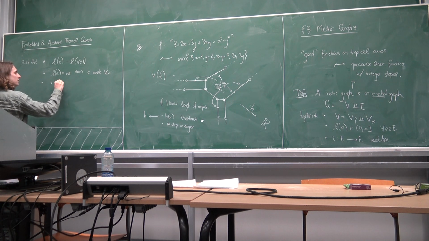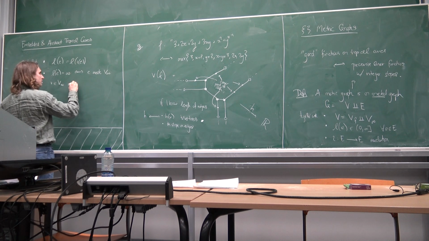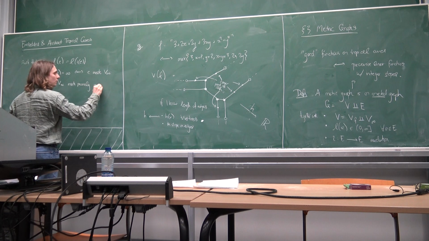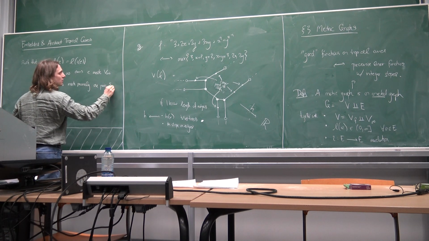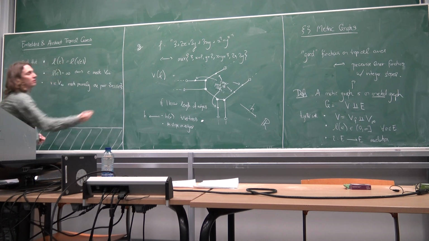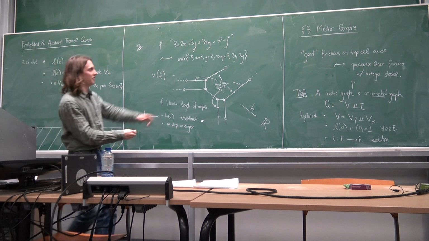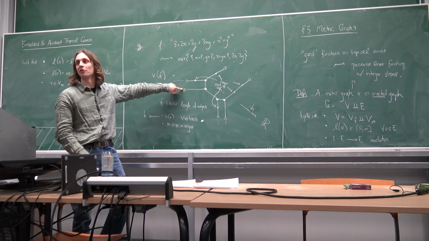And thirdly, any infinite vertex meets precisely one pair of oppositely oriented edges. So in other words, these are always leaves of the graph.